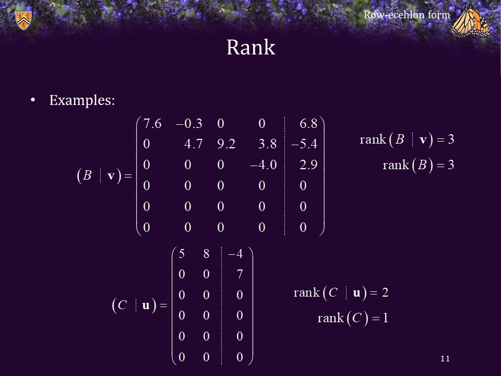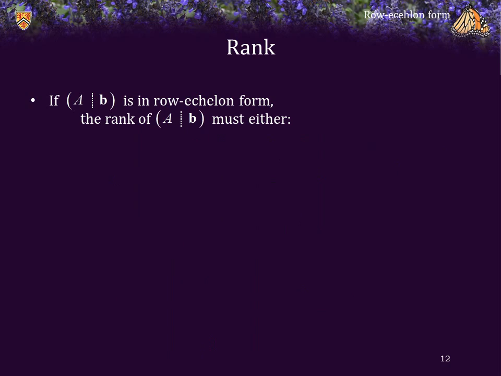Now, if the augmented matrix AB is in row echelon form, then the rank of AB must either equal the rank of A or equal the rank of A plus 1.